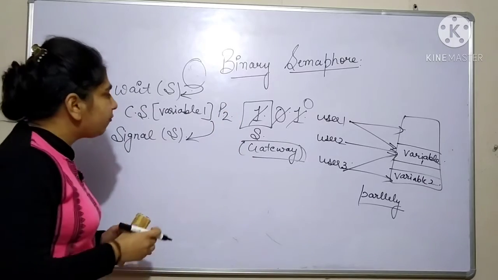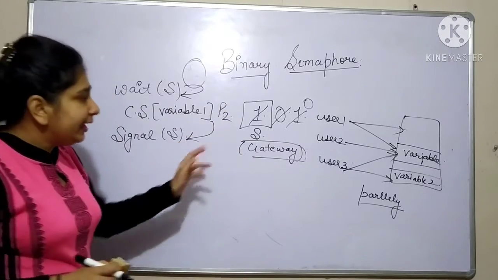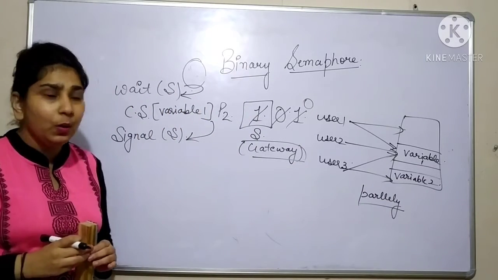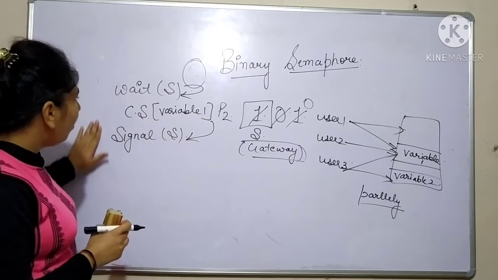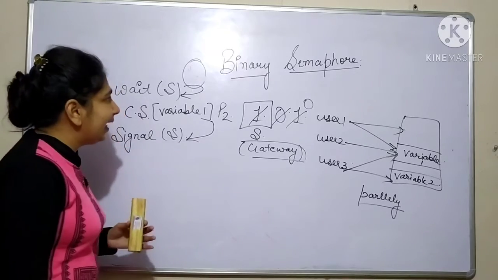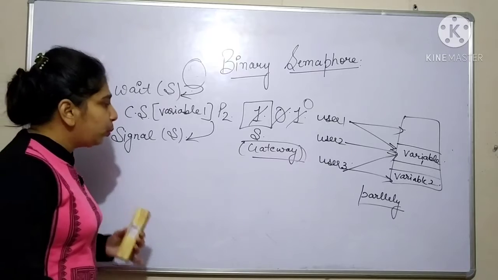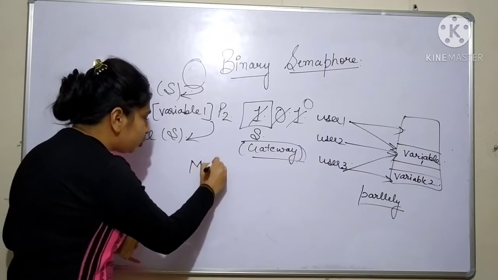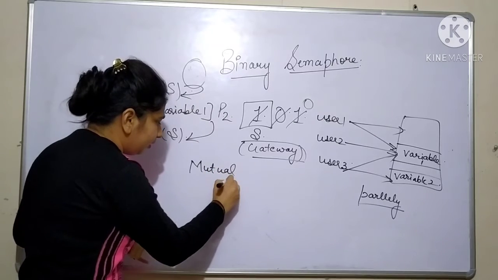It is going to perform all of the operations it wanted to do on this variable 1. Okay, so this is how binary semaphore works. And you can see that in this example, we are able to hold the property of mutual exclusion.